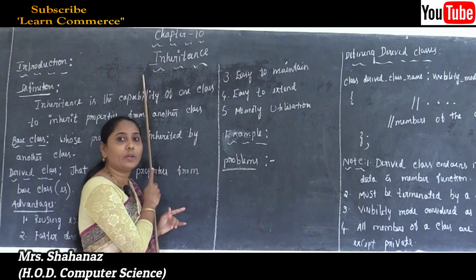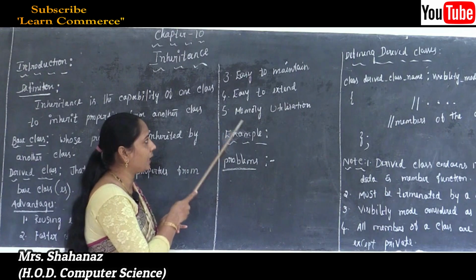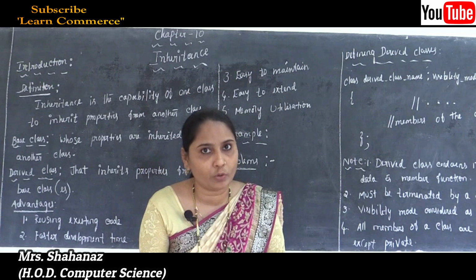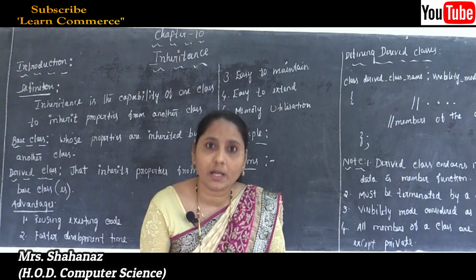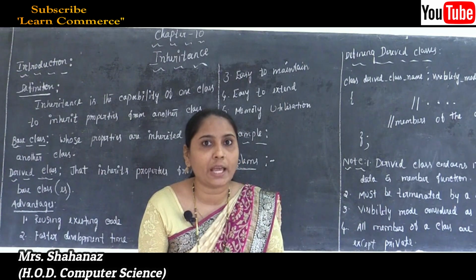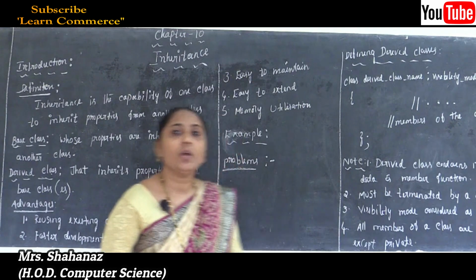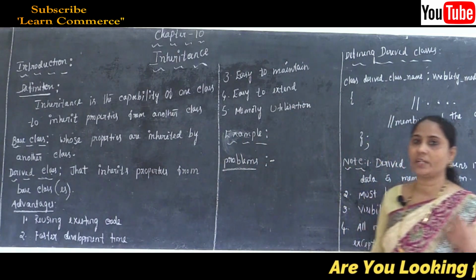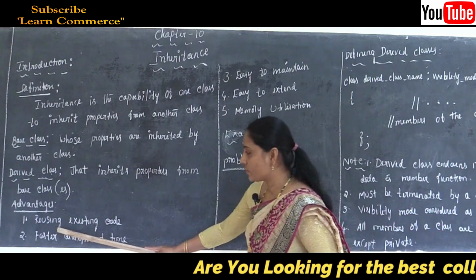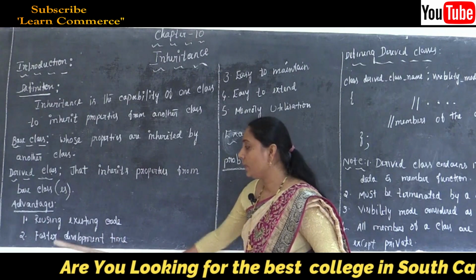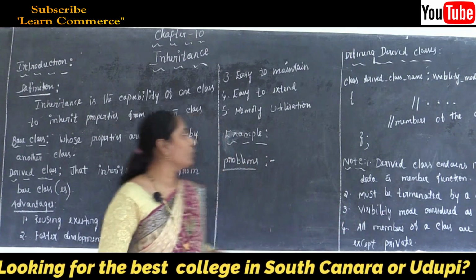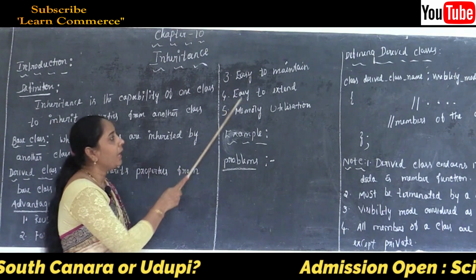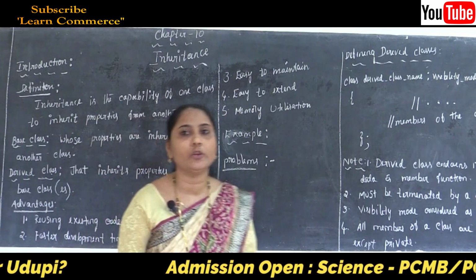And finally, we can talk about memory utilization. Whenever you want to declare a new class from an existing class, the memory utilization can be optimized. So these are all the advantages of inheritance: reusing existing code, faster development time, easy to maintain, easy to extend, and finally memory utilization.